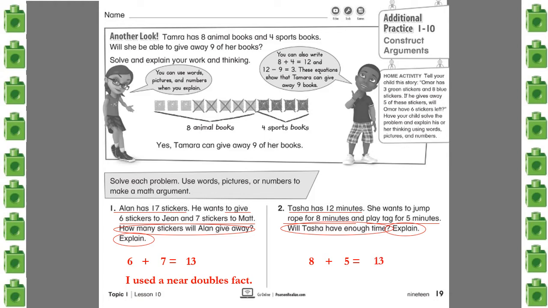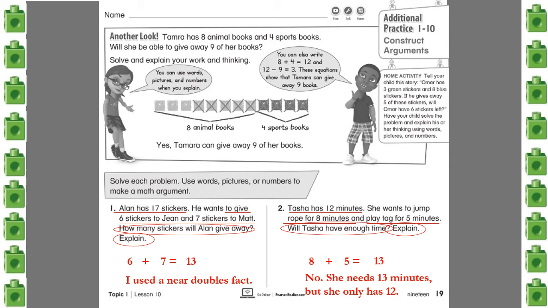8 plus 5 equals 13. Now, the question was, will she have enough time to do those things? How much time does she have available? She has 12 minutes and she needs 13. Will Tasha have enough time? No, she needs 13 minutes, but she only has 12.